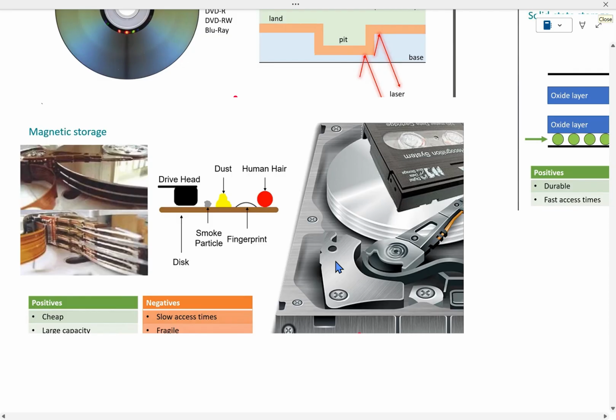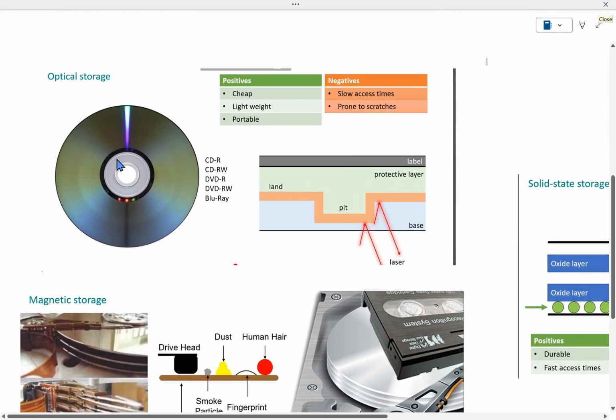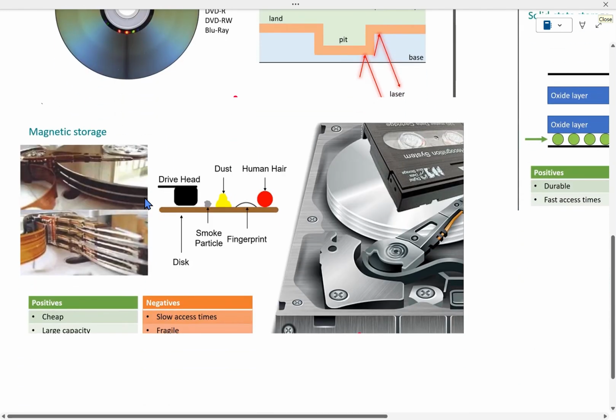The positives of magnetic storage are that it's cheap, though not as cheap as optical, as we discussed above, but still moderately cheap. Another is that it has the highest capacity out of the three, a very large capacity.